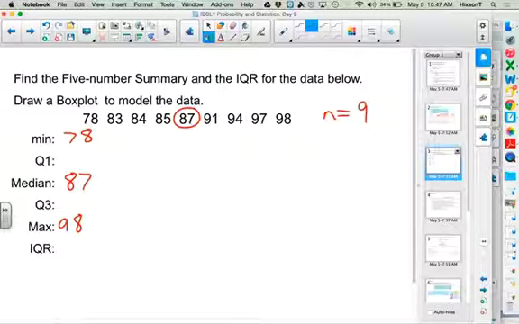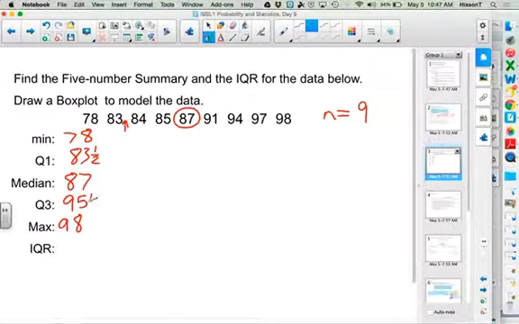So what would the median of those 4 values be? 83 and a half. There's your quartile 1, 83 and a half. Then, what's the median of your upper half? 95 and a half.